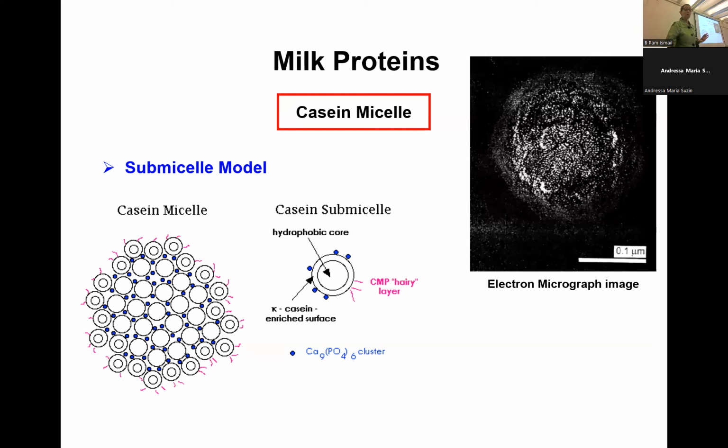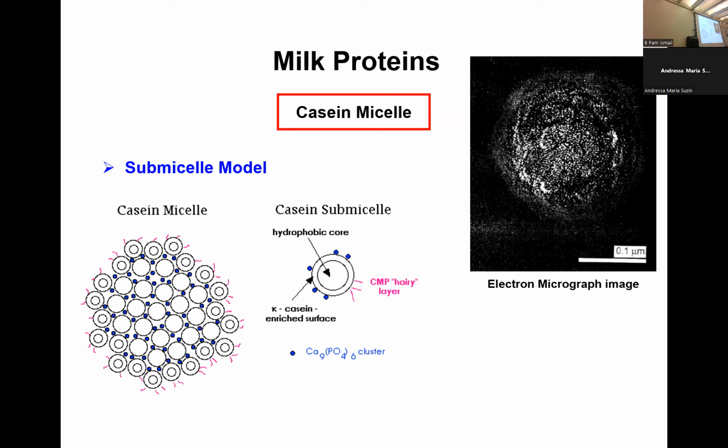What convinced the folks that came up with this model that we have submicelles is this electron microscopy image. They saw the casein micelle, and they saw a lot of little drops, and they thought, oh, this could be the submicelle.